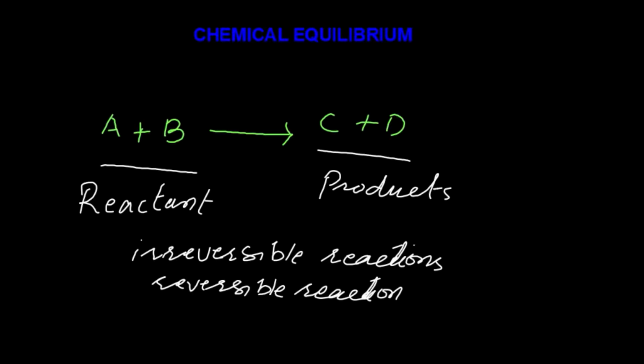First of all, we will study irreversible reactions. We must know what irreversible reactions are. The chemical reactions in which products do not recombine to form reactants are called irreversible reactions.